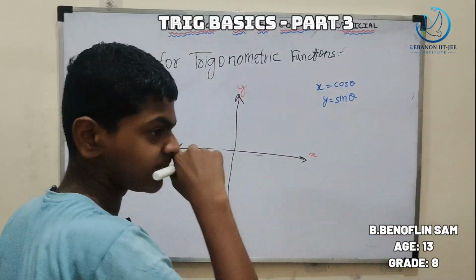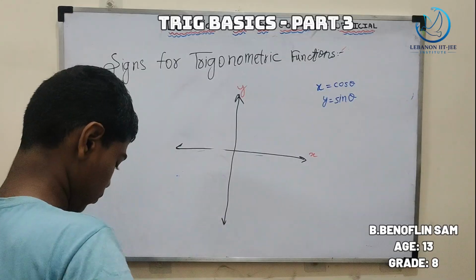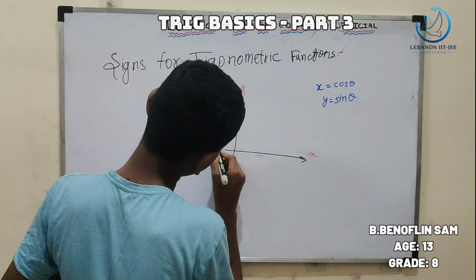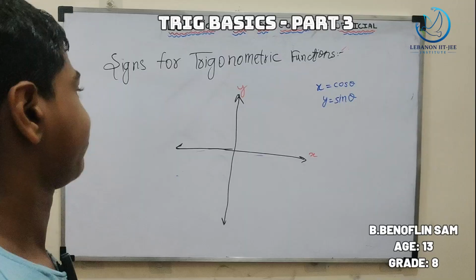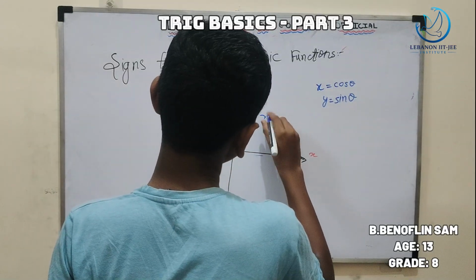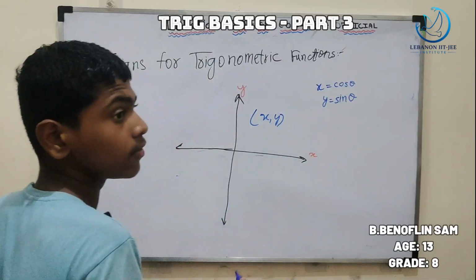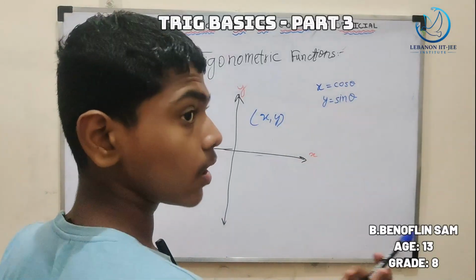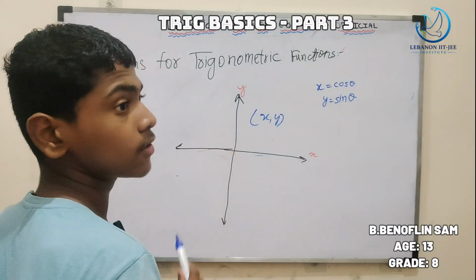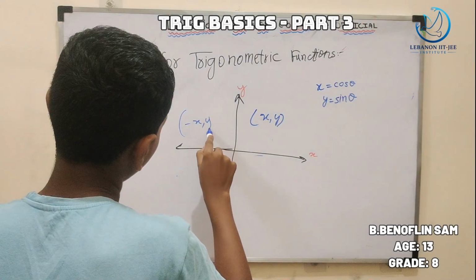In the first quadrant we take x and y, as these are all positive. The second quadrant we take as minus x and y.